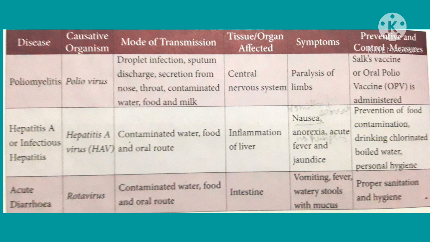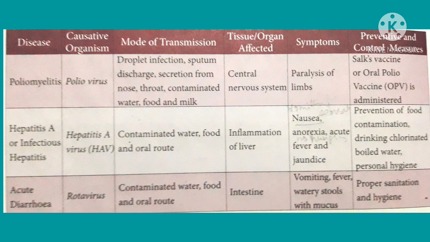That helps to prevent the disease. Okay. Which is the preventive measure? Salk vaccine or oral polio vaccine. Clear, children? Which is the causative organism? Poliovirus.